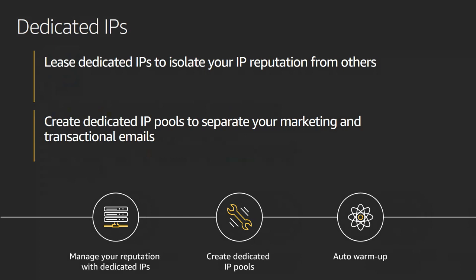It's also a good way to separate your marketing and promotional traffic. So if you have two IP pools, one for marketing, one for promotional, you can ensure that your transactional channel isn't influenced by the marketing channel, and you get good, quick, timely deliverability for that channel. And it's never influenced by anything that the marketing side is doing.